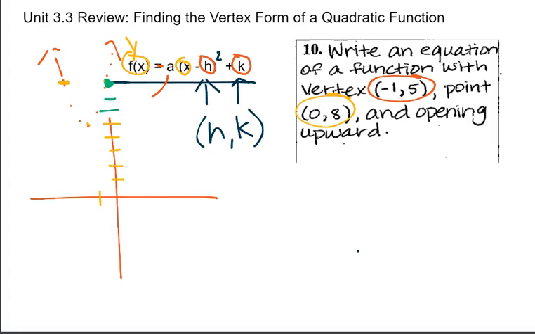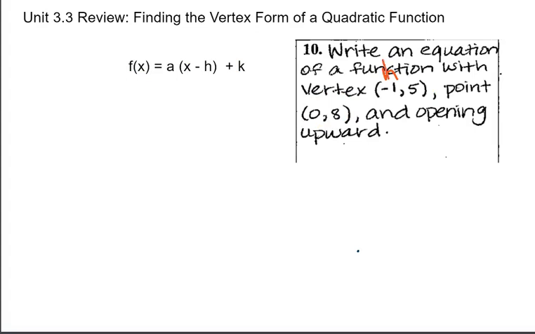What I'm going to do is go ahead and plug in, because I think it's easier to plug in when you're given the vertex and a point. The key is that it's a vertex. The only thing you can plug in for H and K is when you're given a vertex. So let's do that. All right, so my H is going to be -1.